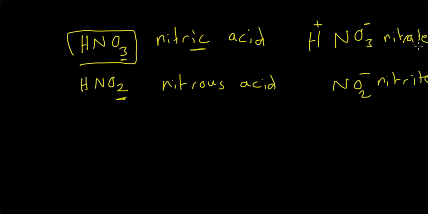So ate will be changed to ic. When it becomes an acid, it becomes ic. What about here? It needs only one H. HNO2. Nitrite becomes nitrous acid.